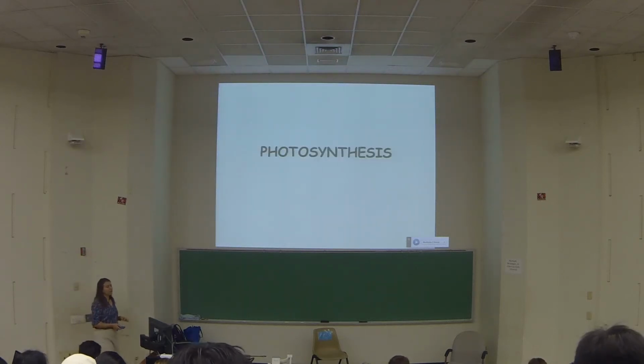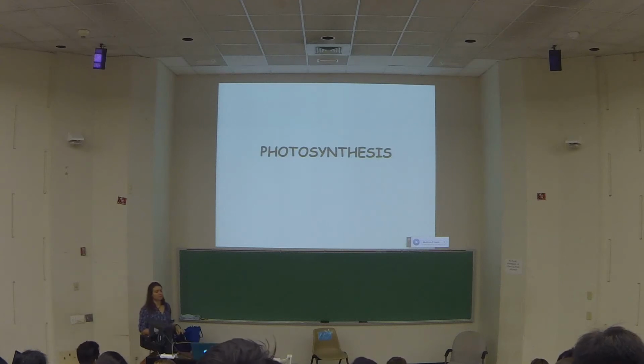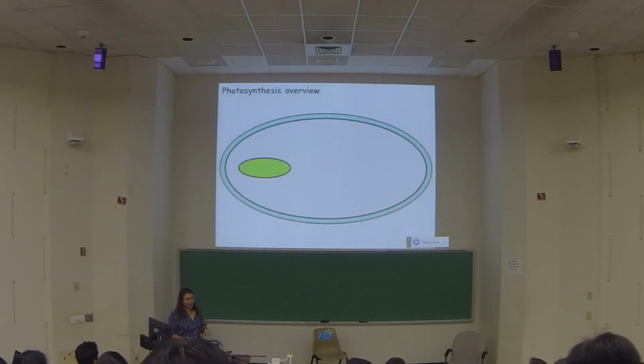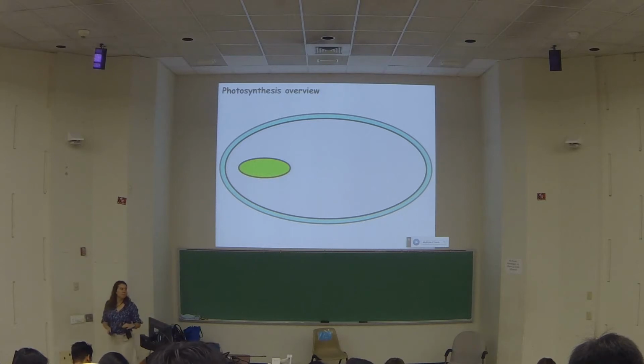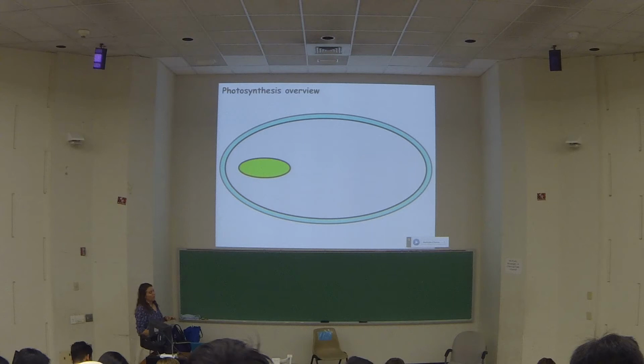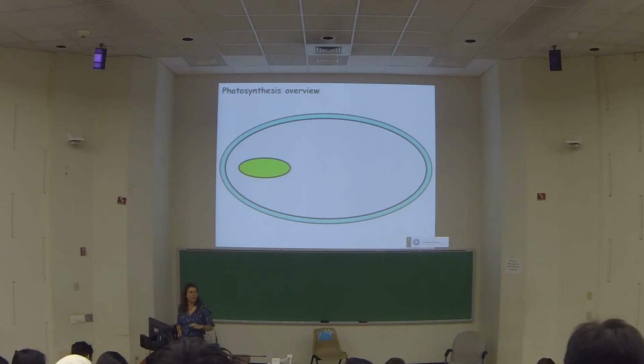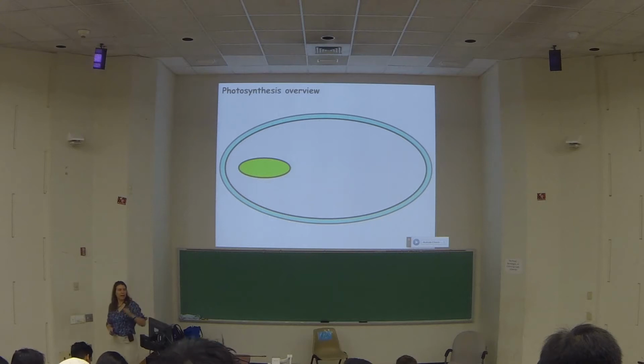All right, so look at photosynthesis. It's happening in the chloroplast. Photosynthesis is a set of linked reactions. It's going to be a little bit different than cellular respiration, where we have a sort of linear pathway through.